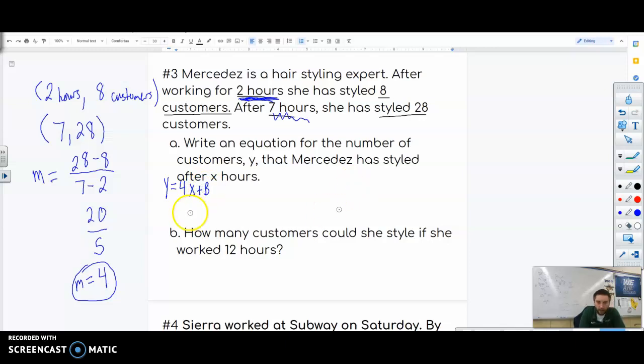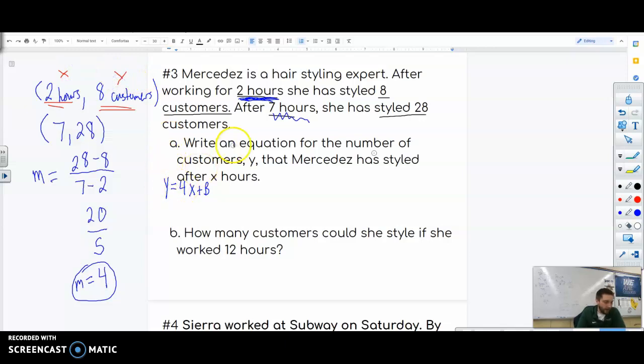Okay, so now what do I need? I need b. I need my y-intercept, my initial value, my starting point. So how do I do this again? Oh man, I forget. Oh wait, I remember. I need to plug in one of these points. Now you can plug in either one you want. I usually go with the numbers that are the smallest just because it makes my algebra easier. How do I know which ones to plug in? Well, 2 is the x value and 8 is the y value.